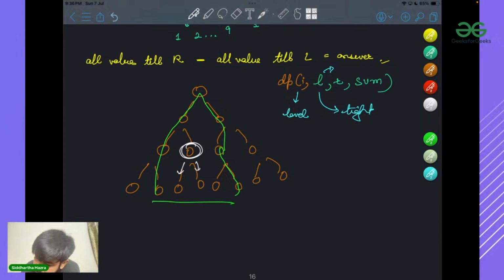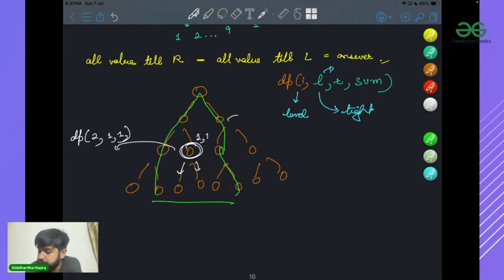So the values of L and R for this would be 1 and 1, that I am free from both sides. The DP state of this would be level 2, free from both sides, and the sum up till now would be whatever you want.